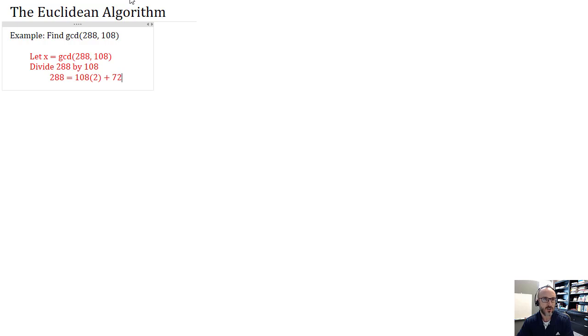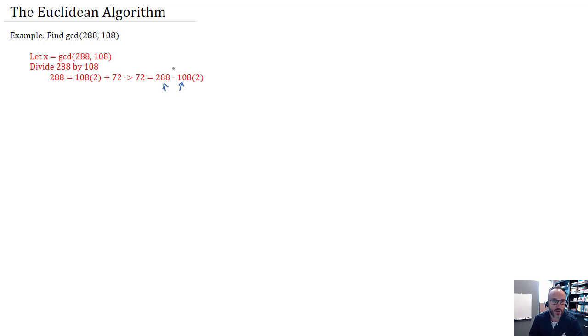Okay. Now, what's interesting about this is I can also rewrite my 72 then. So 72, if I subtract over, I can get 72 by itself. So 72 is going to equal 288 minus 108 times 2. And what I want to emphasize is what's happening here. So x is a divisor of 288 and 108.